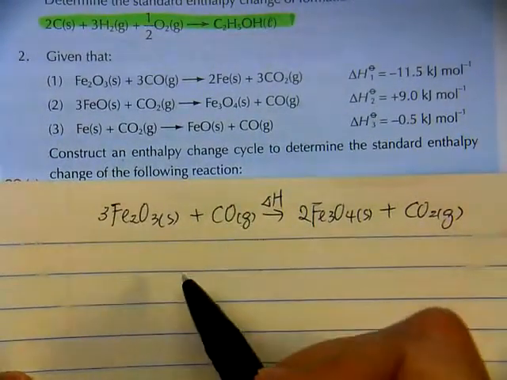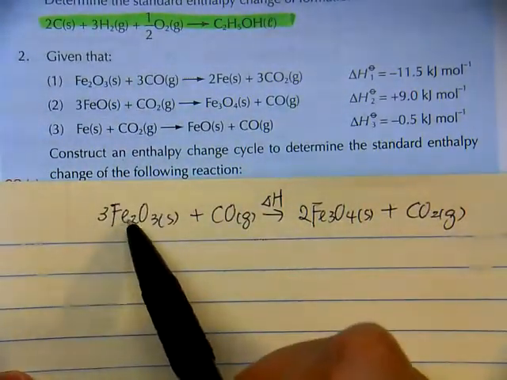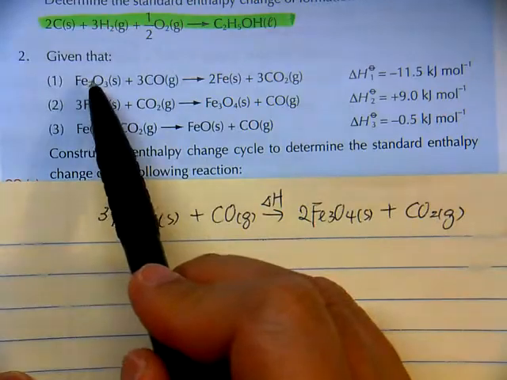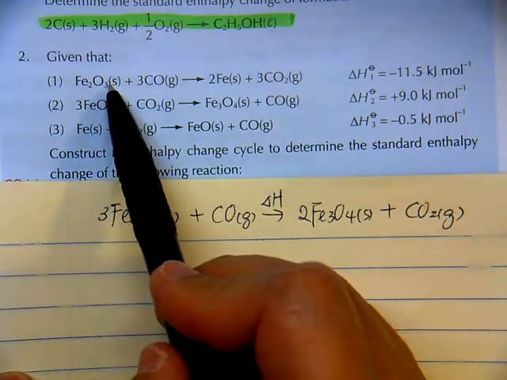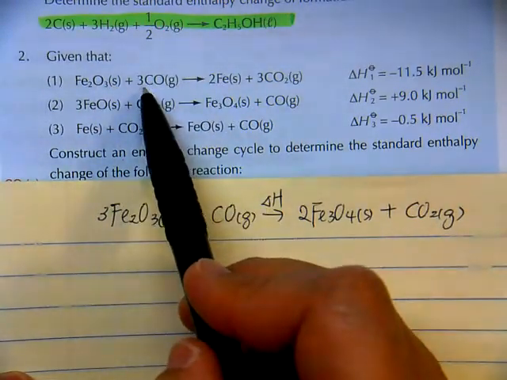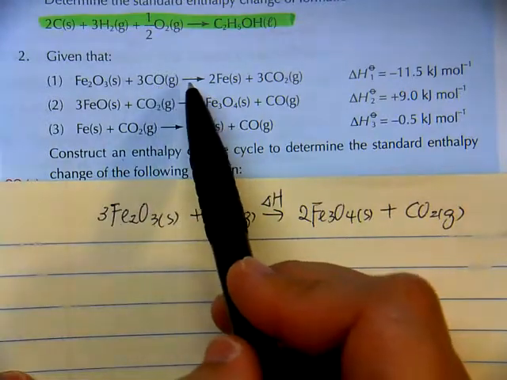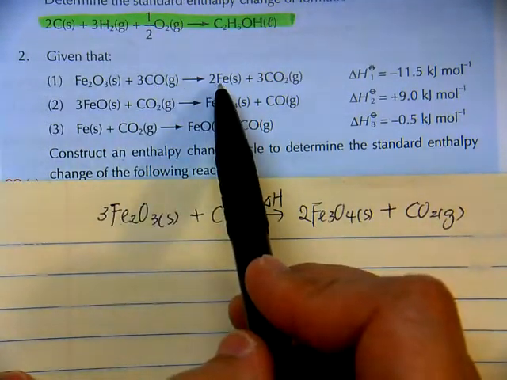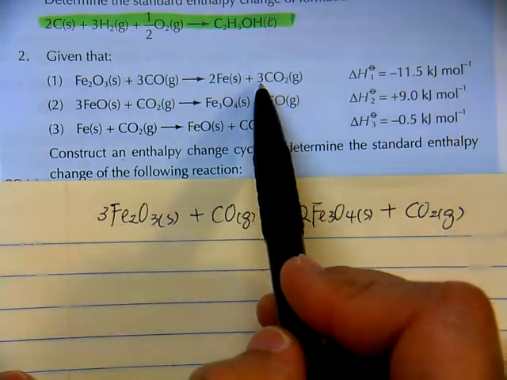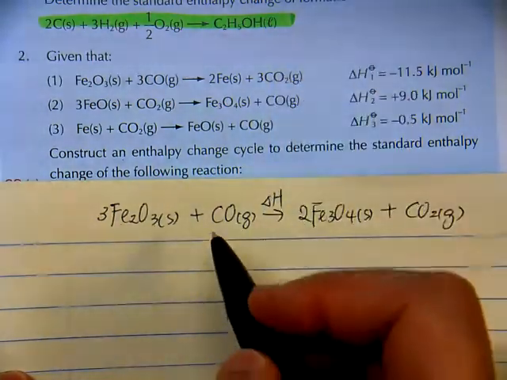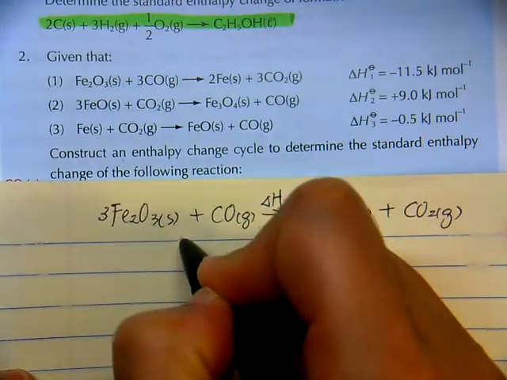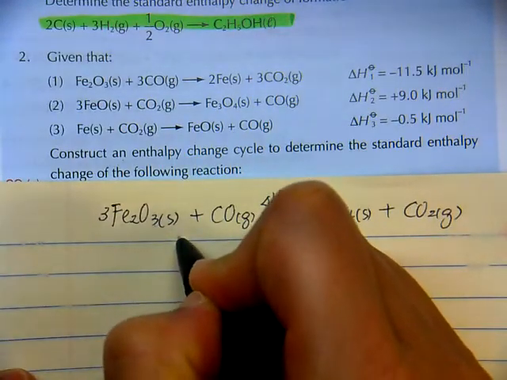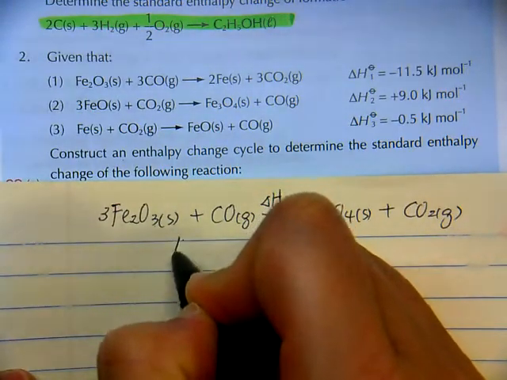Now, here we have Fe2O3. So we react with 3 CO, okay, to form Fe and 3 CO2. So I will draw the arrow pointing downwards.